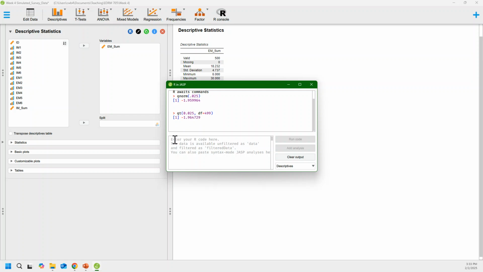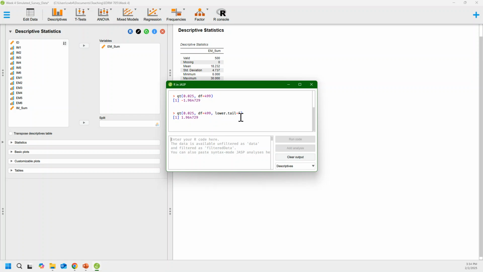I'm going to try something here. I actually did not try this from before. I did it an alternative way. I'm going to try the lower.tail equals false, and it works, right? So in our notes, I have something slightly different to give me this value here.